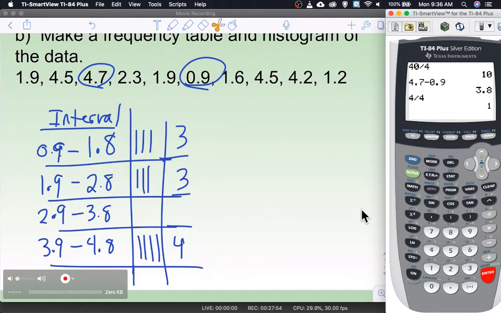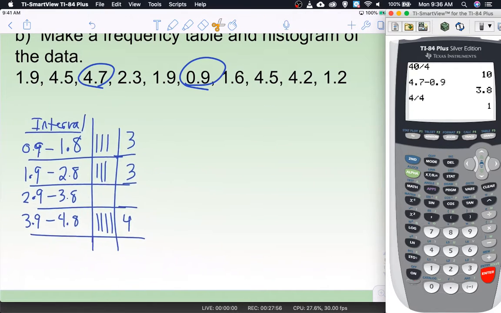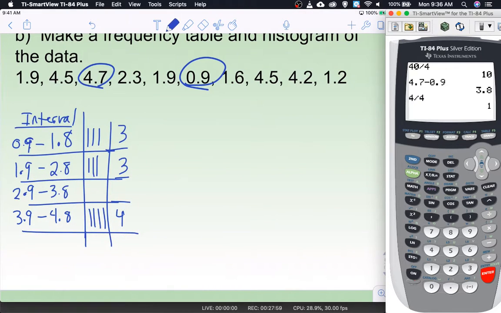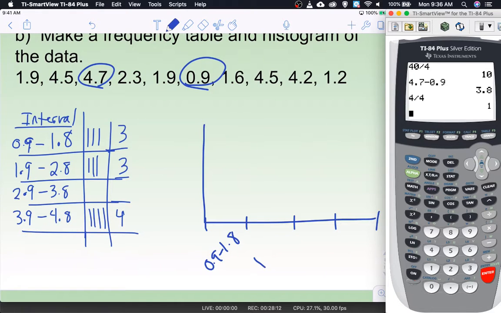So let's see. I'm gonna move and shrink stuff a little bit just so I have space. All right. We need 4 categories. 1, 2, 3, 4. That is 0.9 through 1.8, 1.9 through 2.8, 2.9 through 3.8, 3.9 through 4.8.